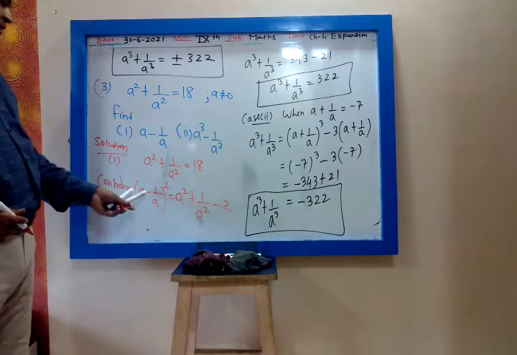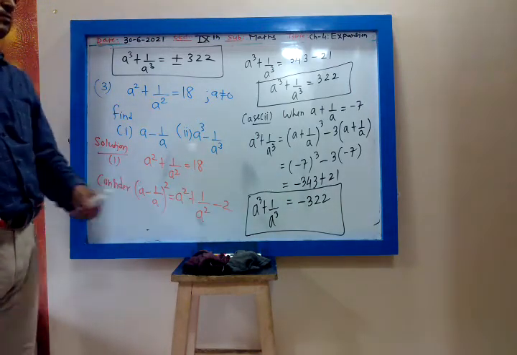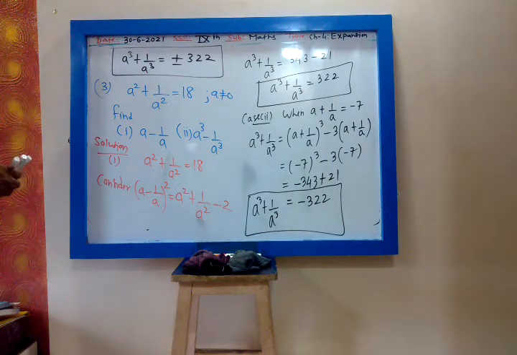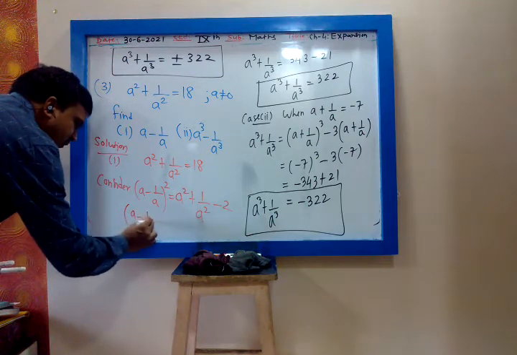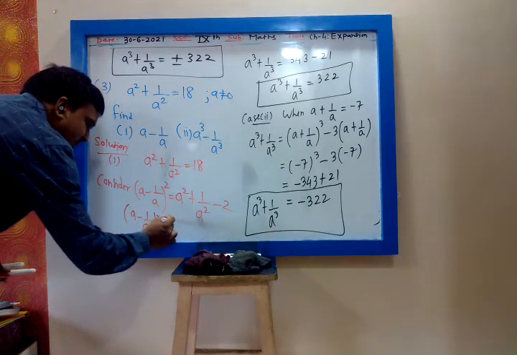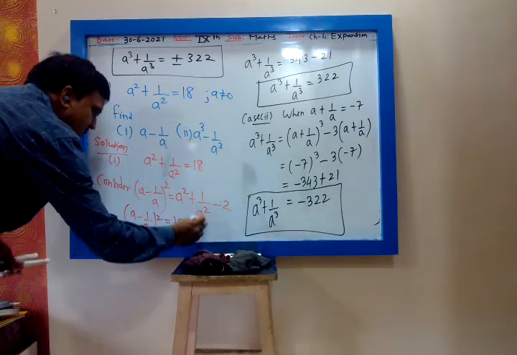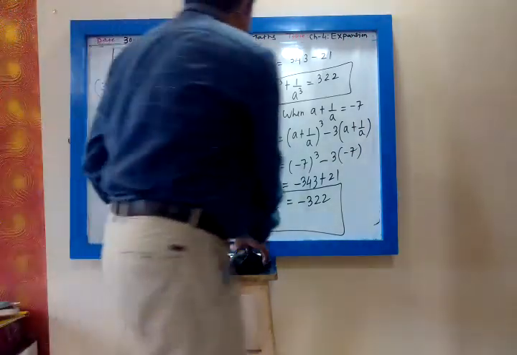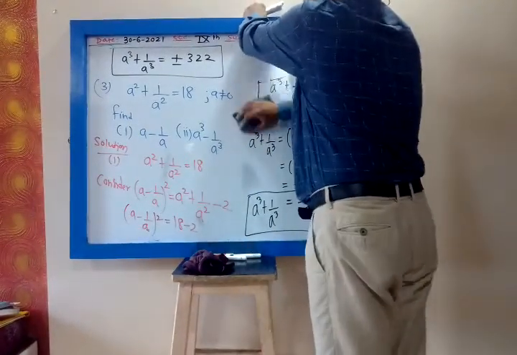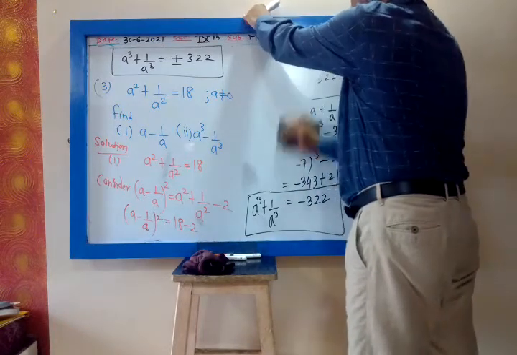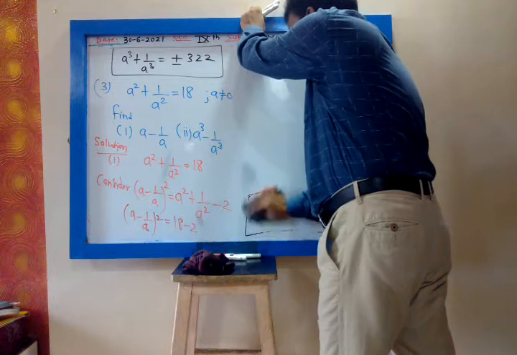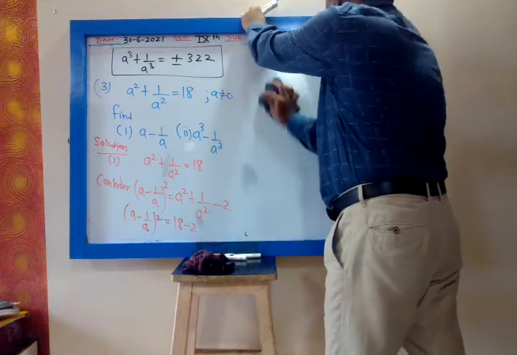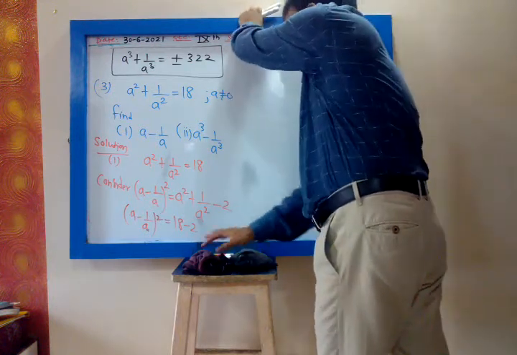A square plus 1 upon a square value is given 18. So a minus 1 upon a whole square is 18 minus 2, that is 16.